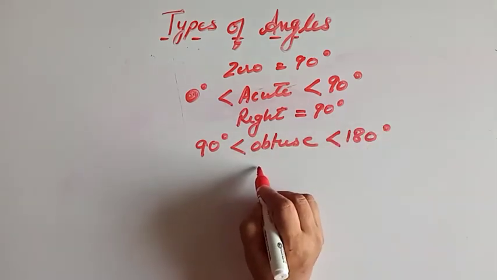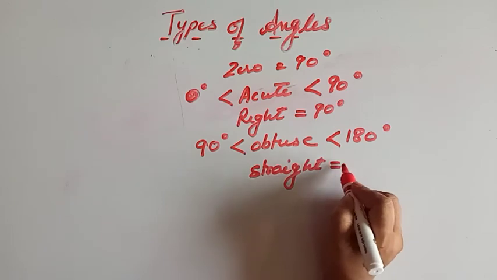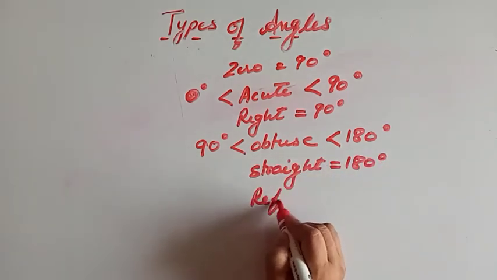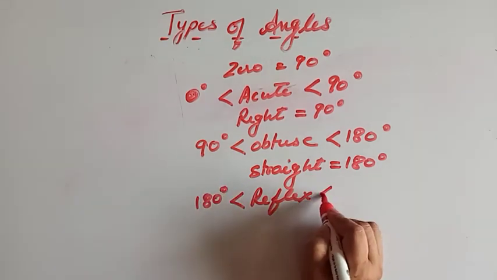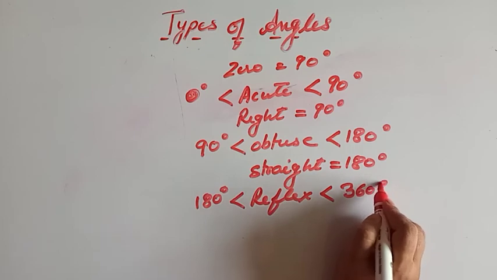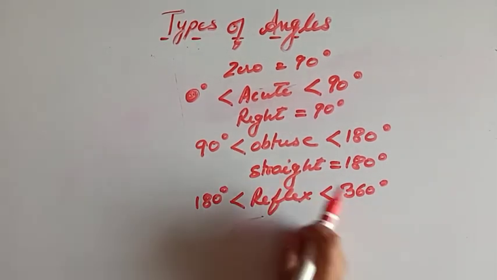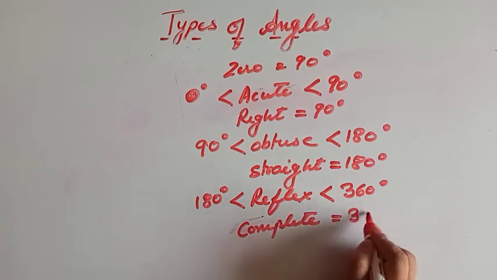Then obtuse. Obtuse is always more than 90 degree but less than 180 degree. Then comes straight. Straight angle is always equal to 180 degree. Then comes reflex. Reflex angle is always greater than 180 degree but less than 360 degree. Then comes complete angle, that is equal to 360 degree.